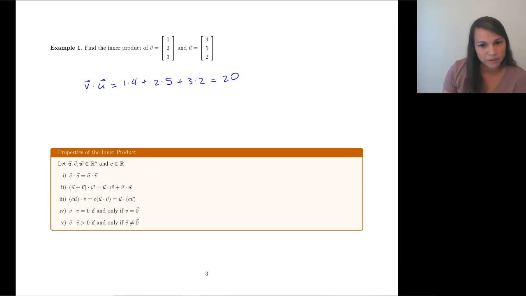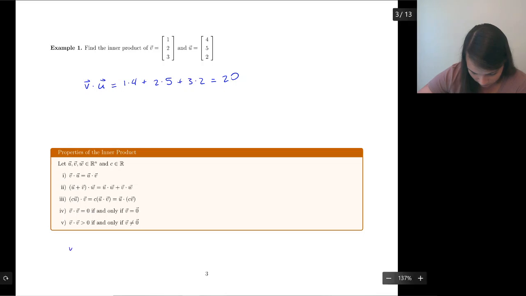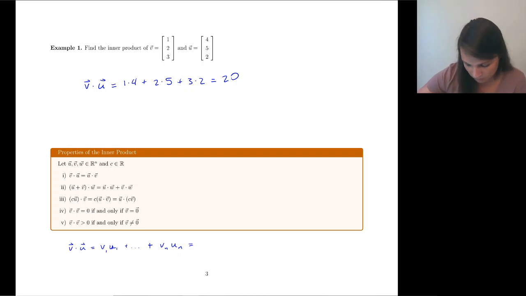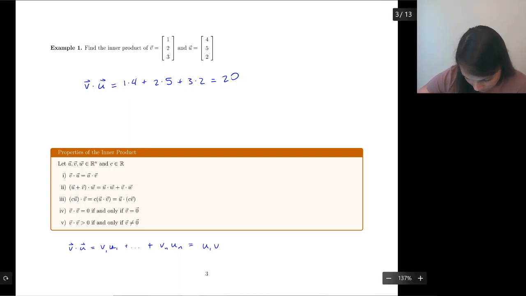You can prove any of these component-wise, by which I mean same song and dance that we've been doing. So that would be like V1, U1 plus all the way out as per the definition. But then like V1 and U1, we can swap the order of those guys. So U1, V1, up to Un, Vn.